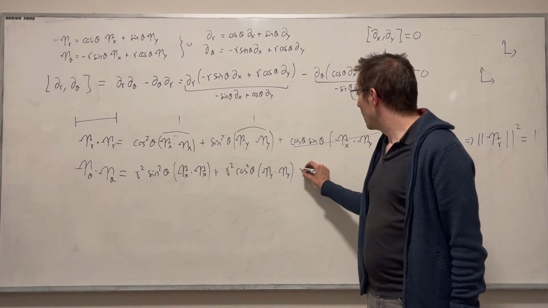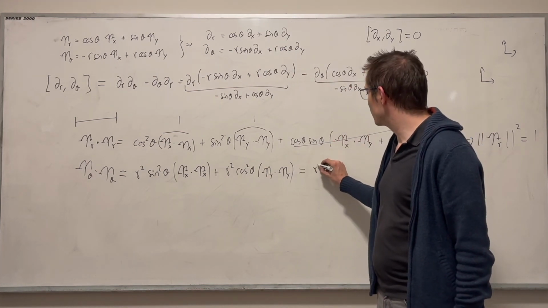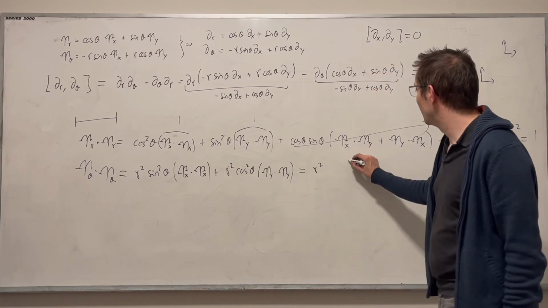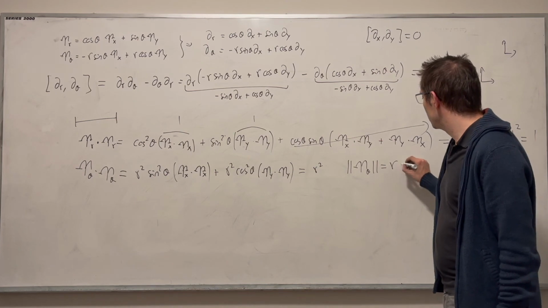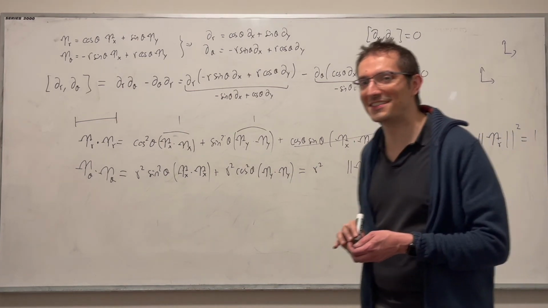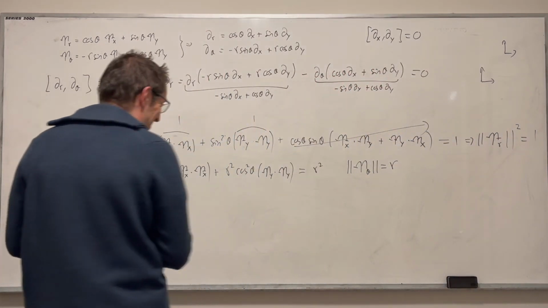But what is this? That is r squared. Oh my, the norm of epsilon theta is r. It depends on the point, and it's not 1 in general.